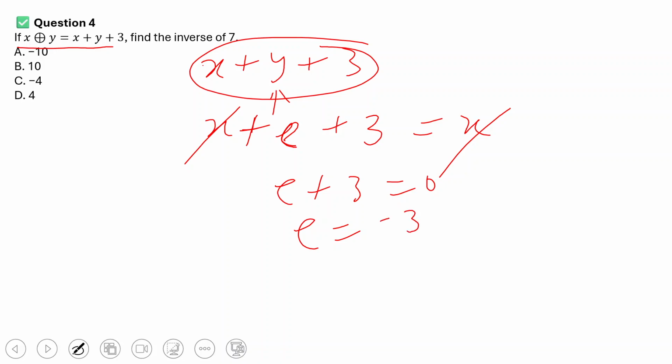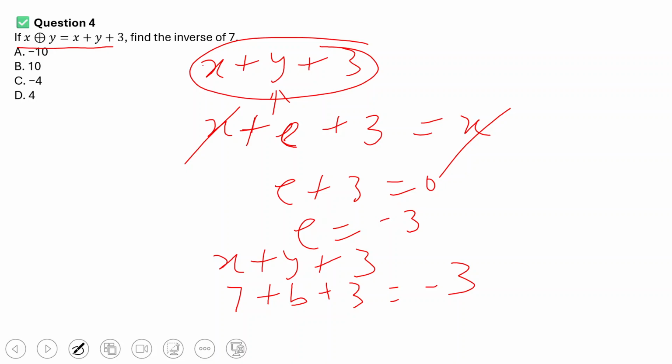So if it is minus 3, what's the inverse? The formula for inverse: inverse of 7, I will write this one again, x plus y plus 3. For this operation, the 7 is given as the x, then the inverse is y, b, then plus 3 is equal to minus 3.